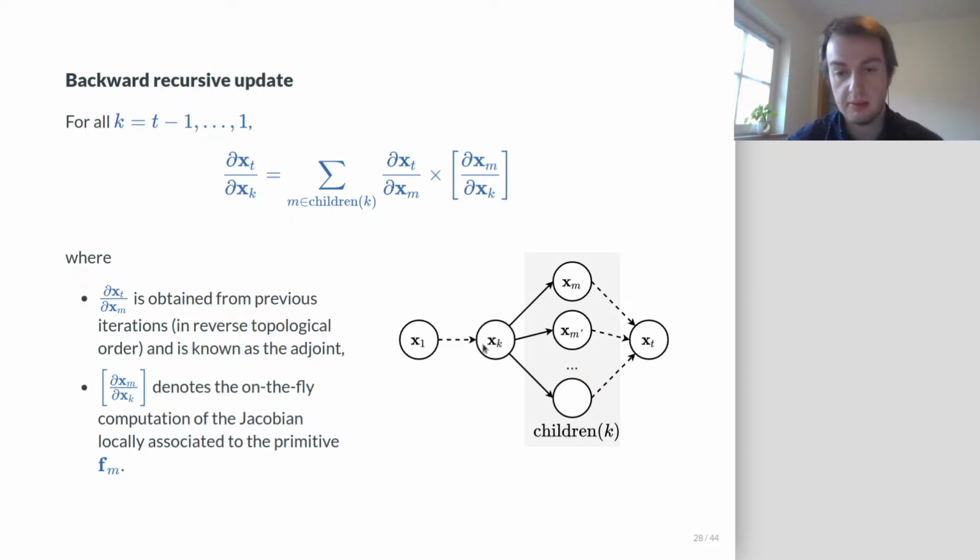And so this can be expressed as a sum over the child nodes of xk, so over the child node m of xk, and each term would correspond to the Jacobian of xt, the target, with respect to this child intermediate variable xm, times the Jacobian of xm with respect to xk.